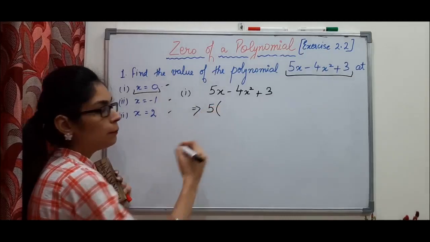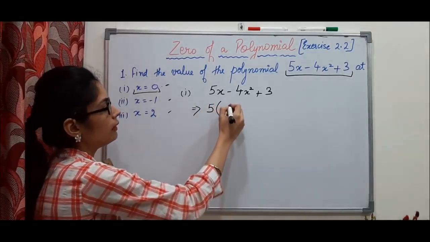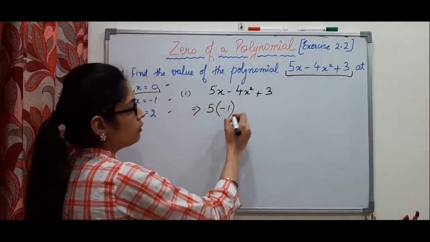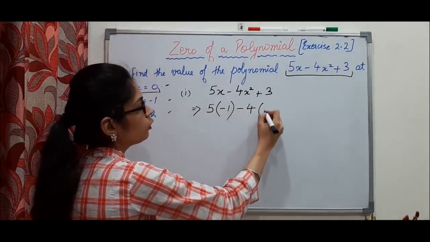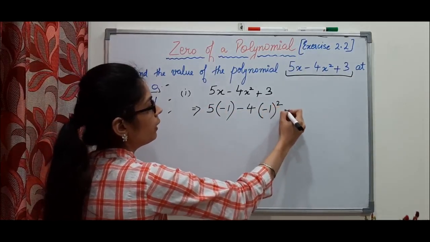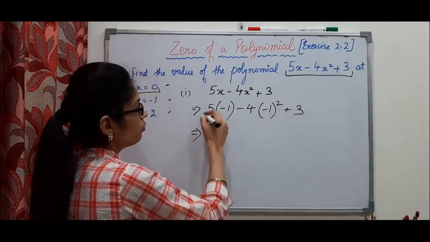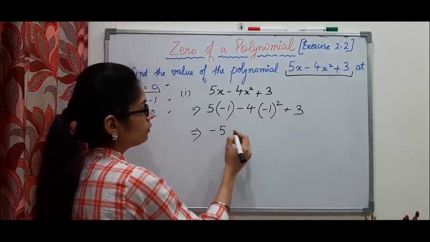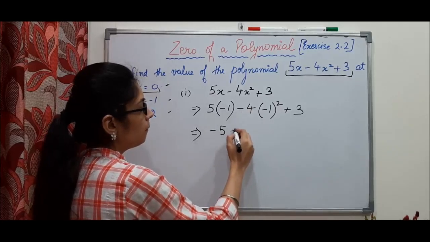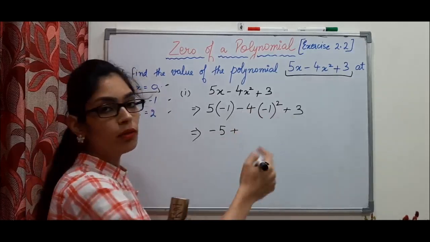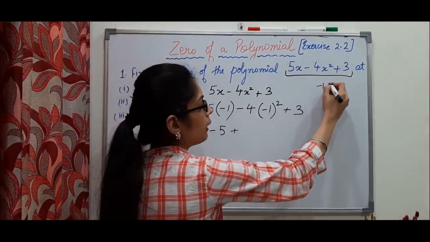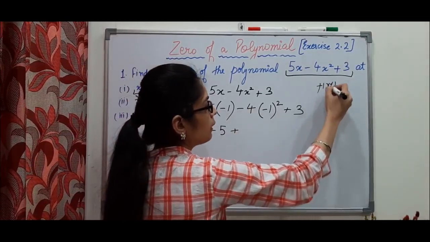So simple, in place of x we will write minus 1. So 5 into minus 1, minus 4 into minus 1 square, plus 3. 5 into minus 1 will be minus 5, plus the square of minus 1, which means minus 1 into minus 1, the minus and minus signs will get cancelled.